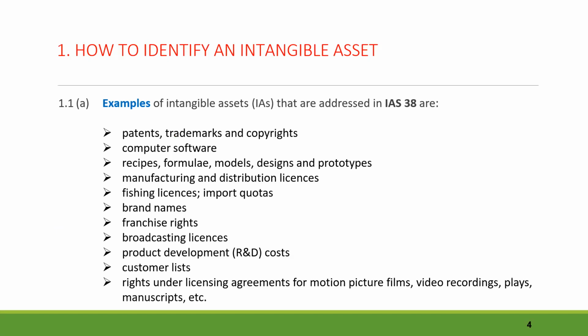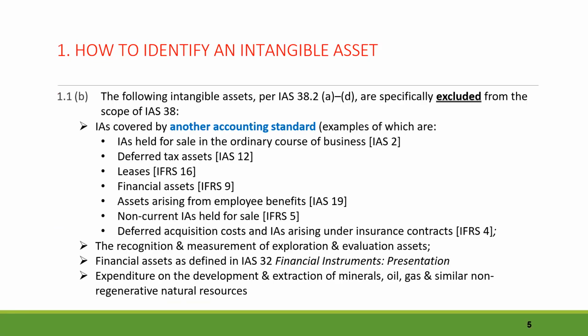So IAS 38 is here to prescribe the accounting treatment for intangible assets that are not dealt with specifically in another standard. On the next slide, I have some of the exclusions. For example, if the asset is already covered by inventory, then you would deal with it and account for it under IAS 2 rather than IAS 38.